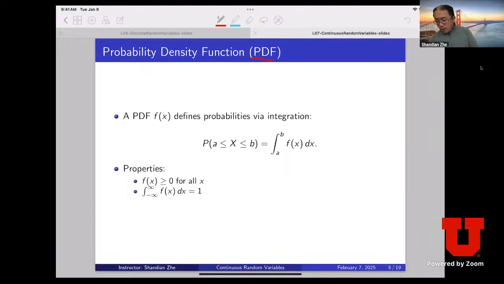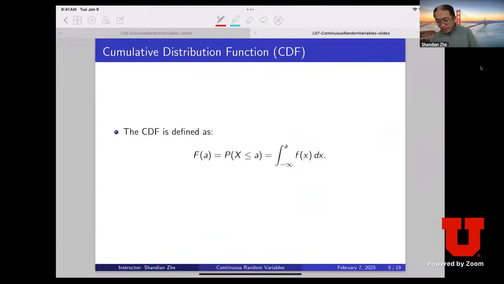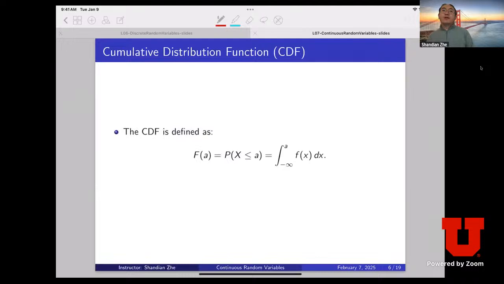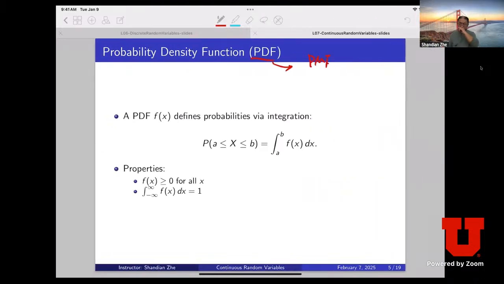This is the counterpart to the probability mass function. But essentially, they're different. They have different meanings, and we'll talk about it later. The second one is called the cumulative distribution function, which is essentially the same as the CDF defined for the discrete case.